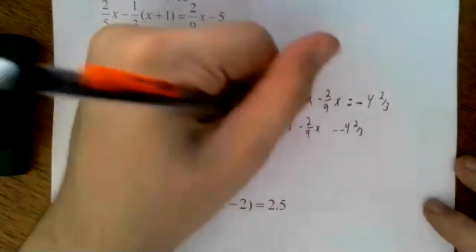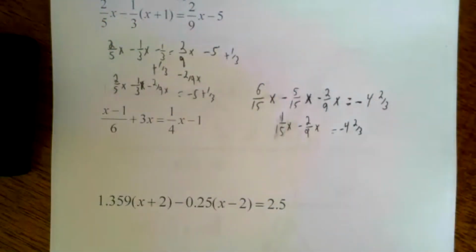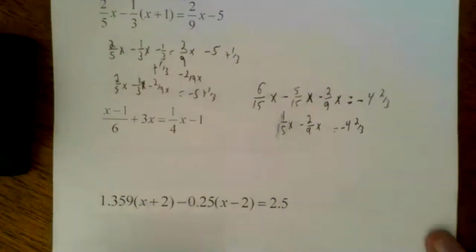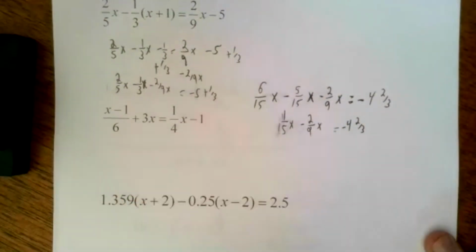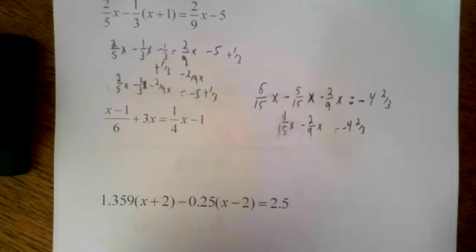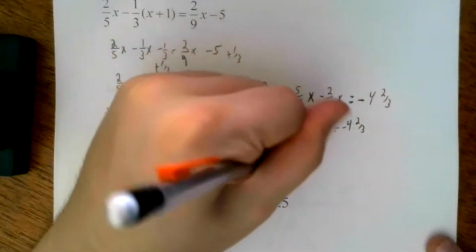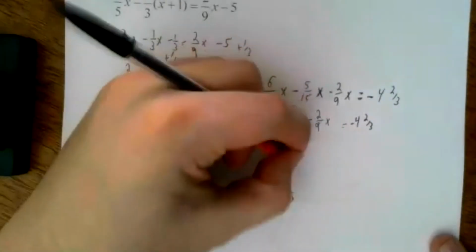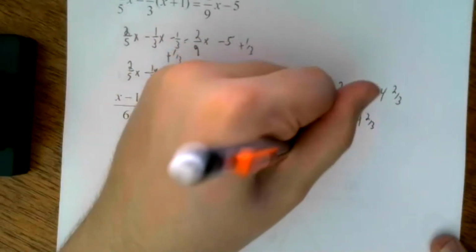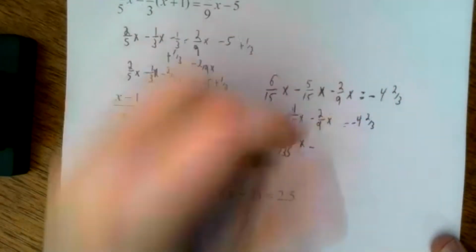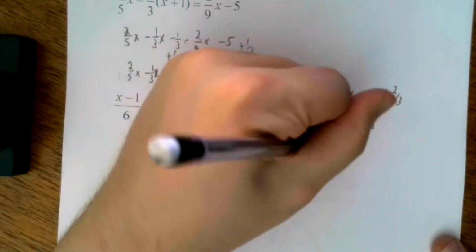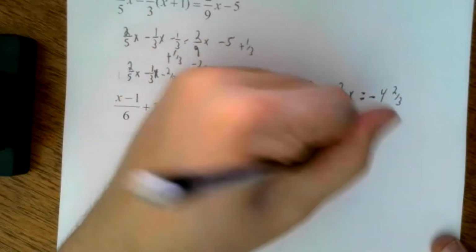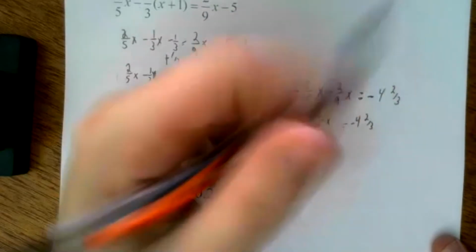Yep. So let me check. 9 times 15 is 135. So on the left one, we get 9/135 x. And on the right one, we get minus 2 times 15 is 30 over 135 x.